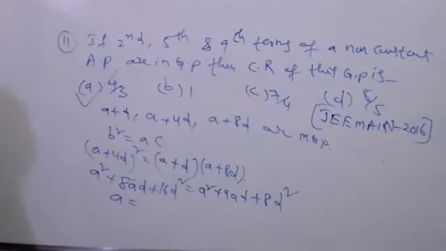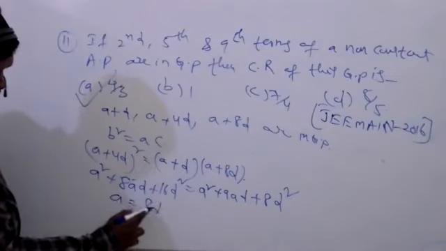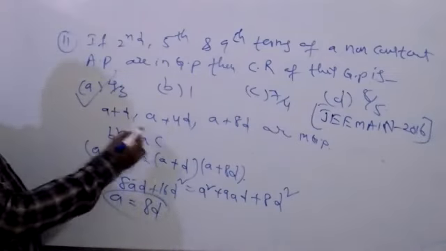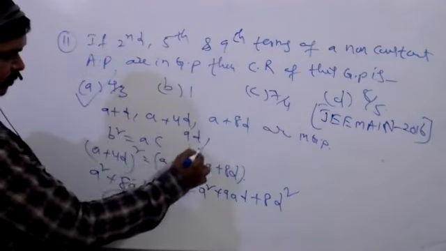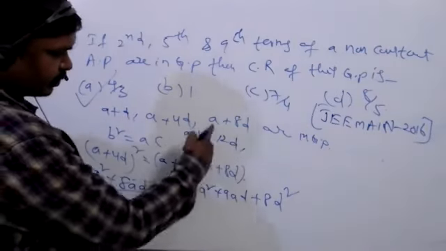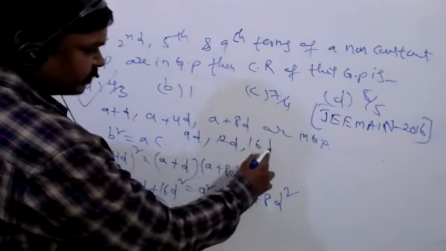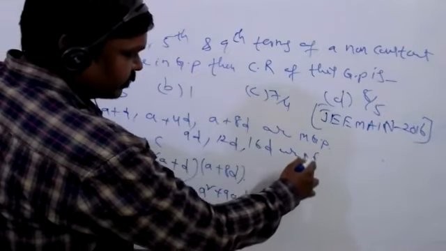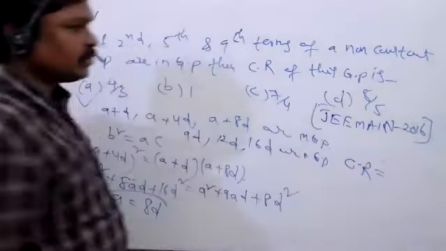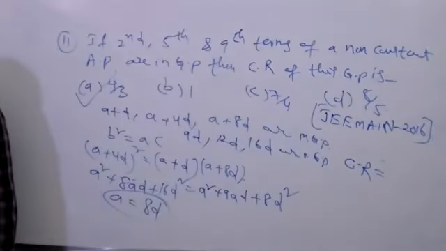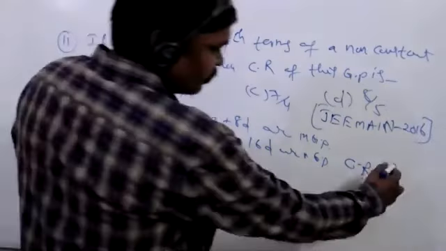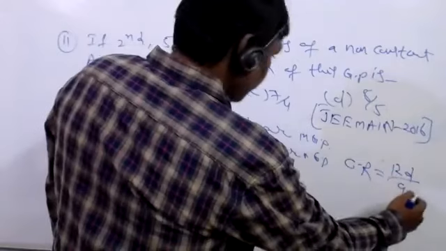So you get A is equal to 8D. Then substituting here: 9D, 12D, then 16D are in GP. Then the common ratio is 12D upon 9D.